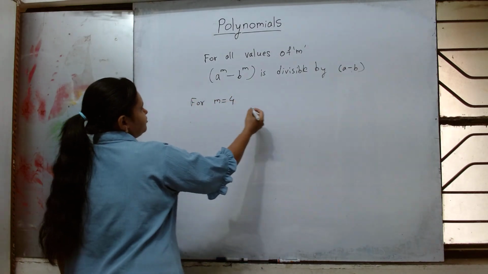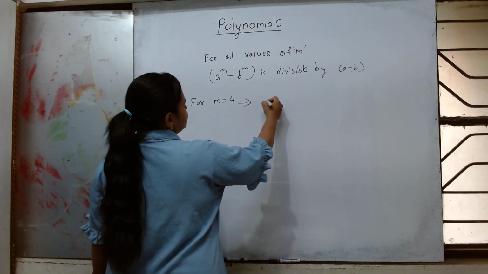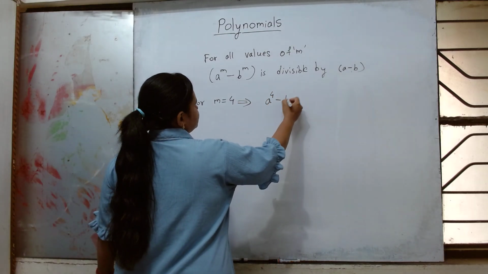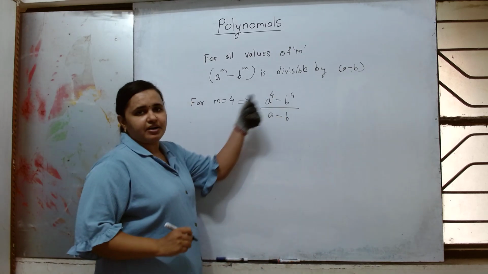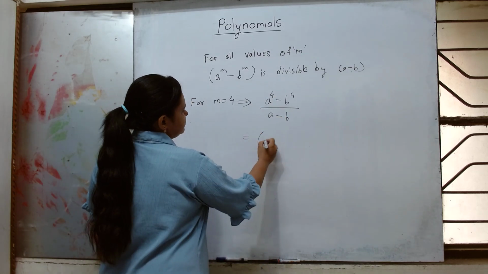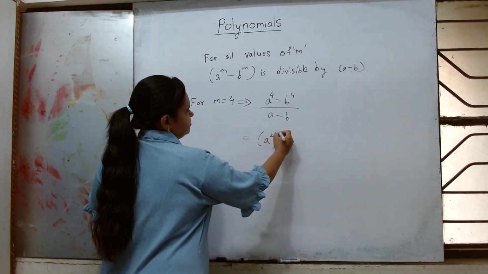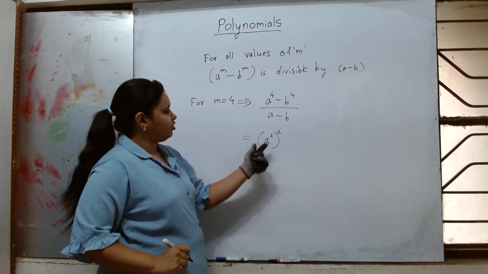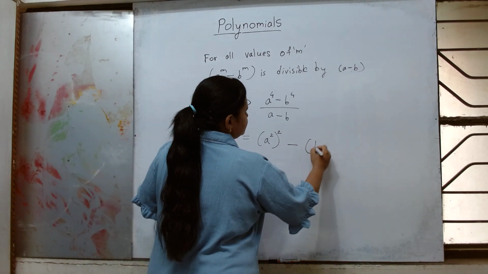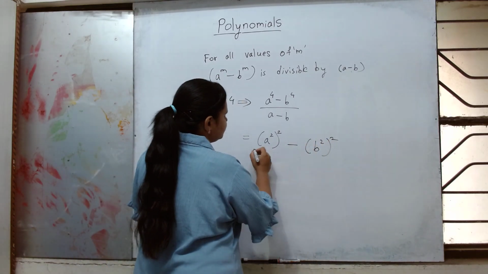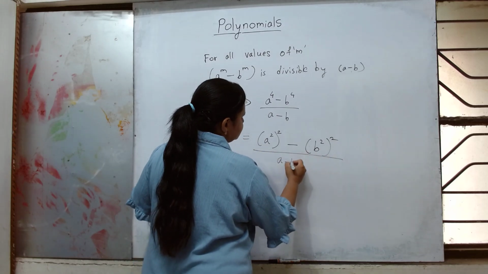Now we will check for m equals 4. If we put m as 4, it is a to the power 4 minus b to the power 4 upon a minus b. A to the power 4 we can write as a square to the power 2, so a square whole square minus b square whole square upon a minus b.